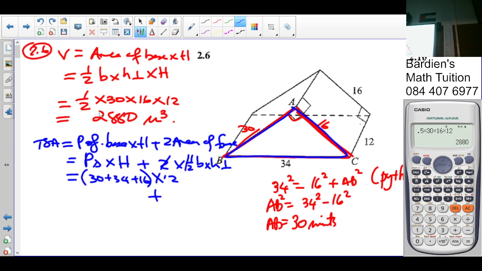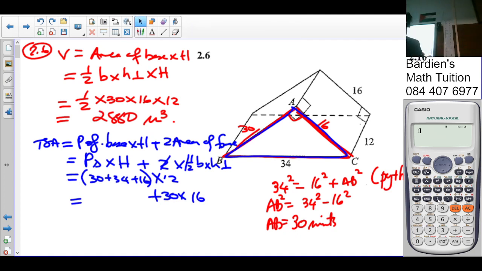Plus, that cancels. Your base is 30, and your perpendicular height is 60. Open brackets, 30 plus 34 plus 16 times 12 plus 30 times 16. 1,440 units.